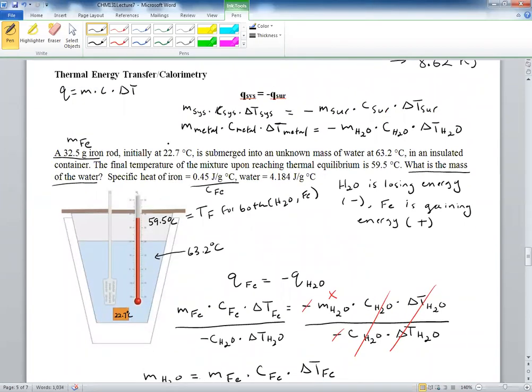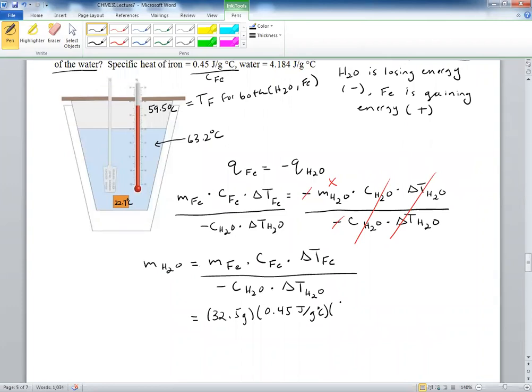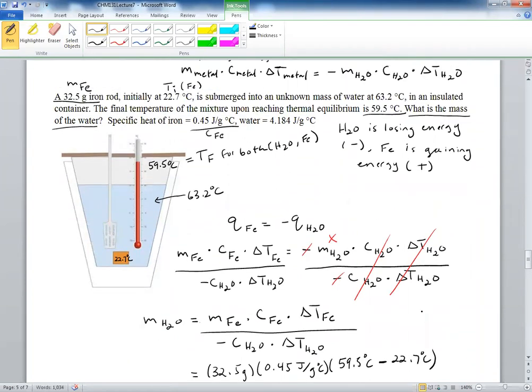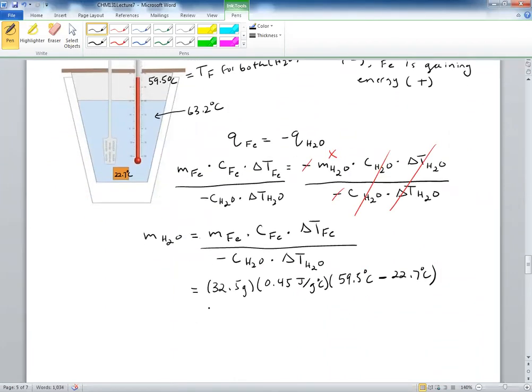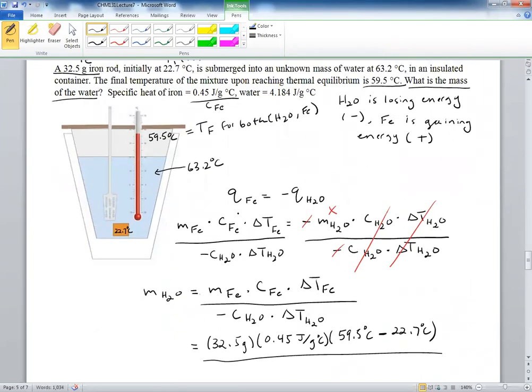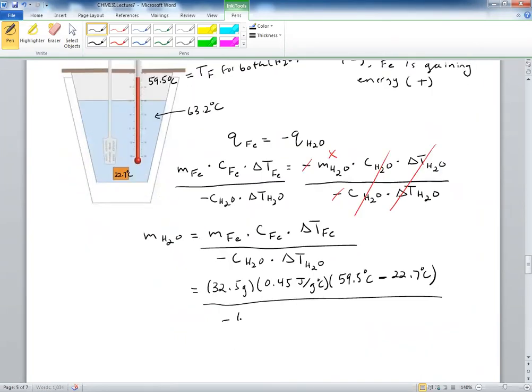This is our initial for iron, and remember, this is going to be final for both, so it's 59.5 minus 22 degrees Celsius, divided by the negative C of H2O, which is right here, 4.184 joules per gram Celsius.